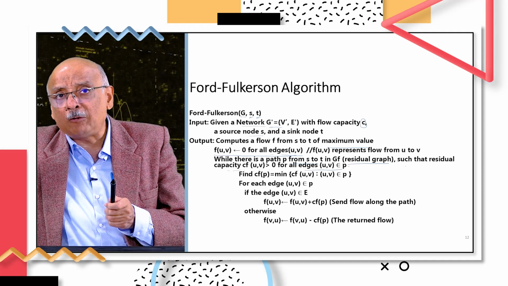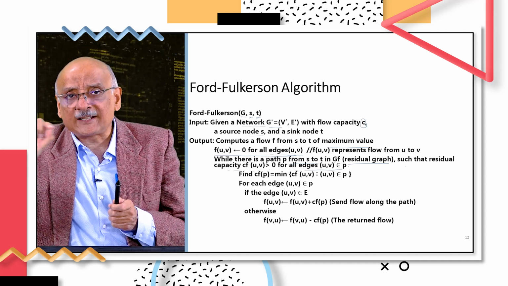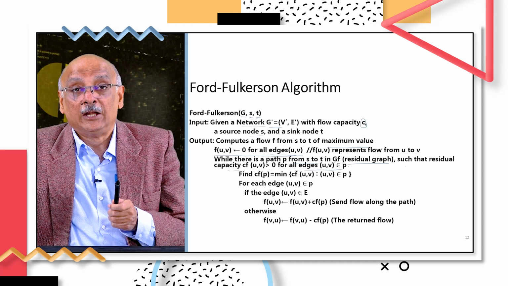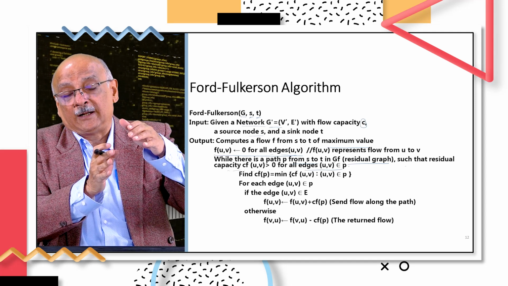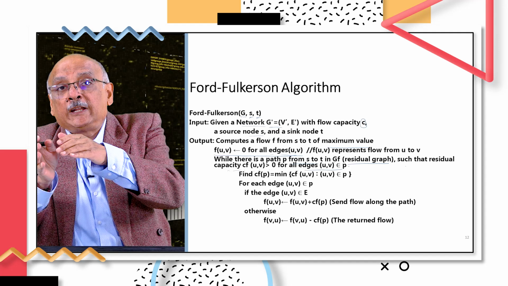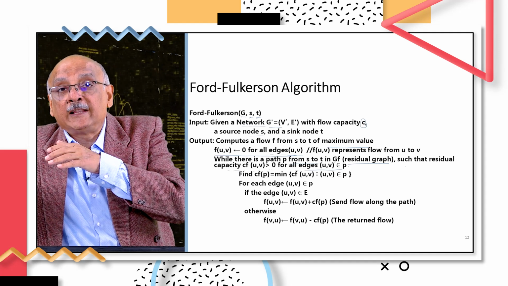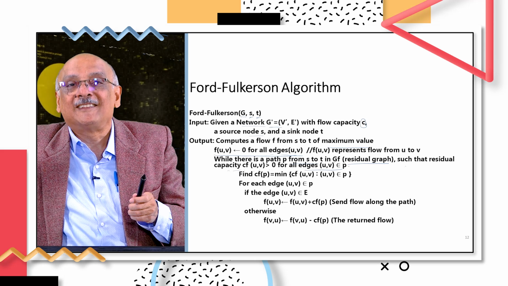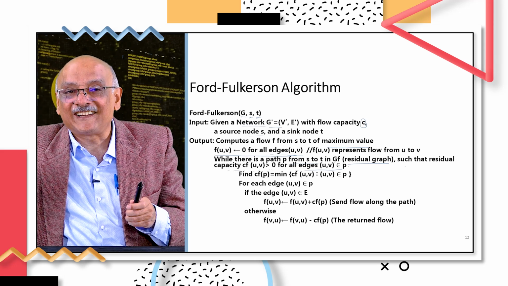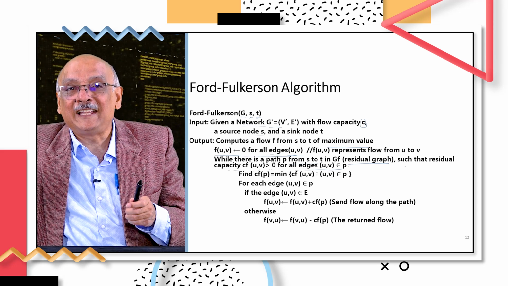So you have found a path which has some residual capacity. Suppose there is a 4-lane network, then a 2-lane network, then a 1-lane network. What is going to be the overall capacity? The smallest link, that is 1 lane only.